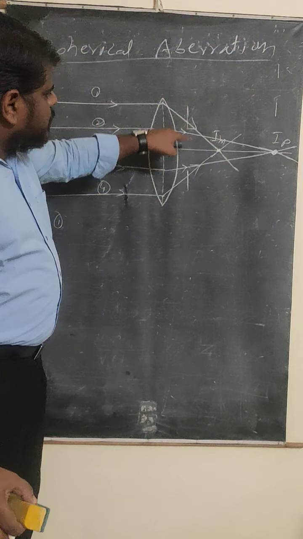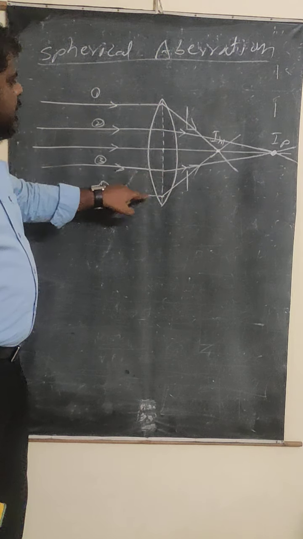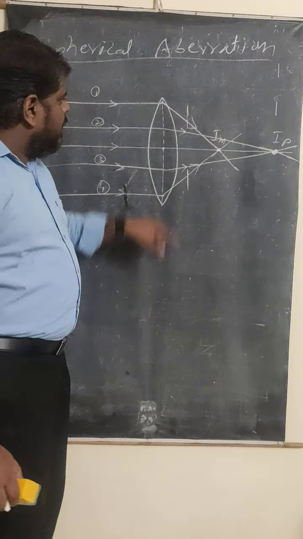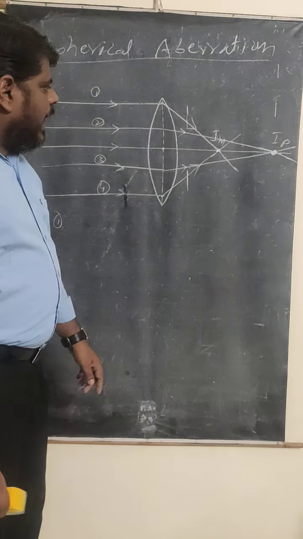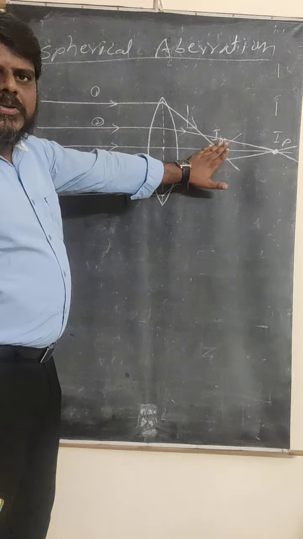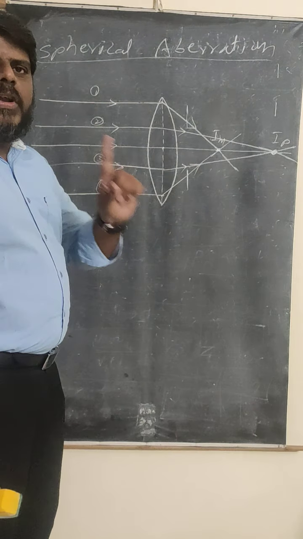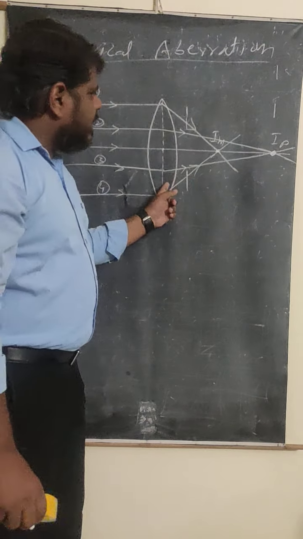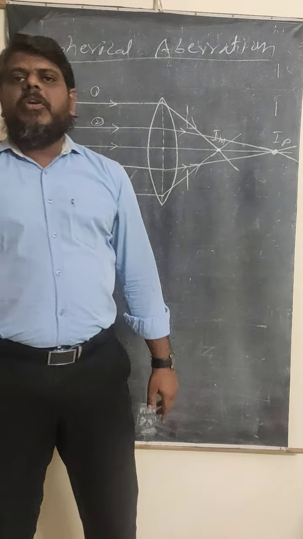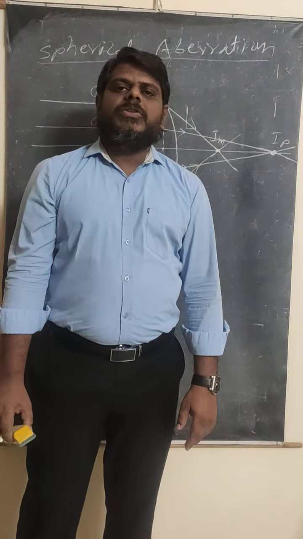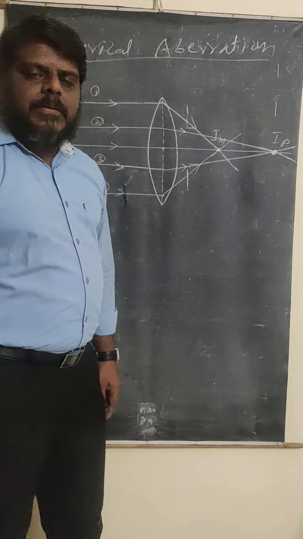When I arrange these two stops, the marginal rays will be blocked by these stops, and this image will not be produced. So only one image can be produced, and that image is due to the paraxial rays. When one image is produced, it becomes very easy to observe and understand the image itself. This is the stops.